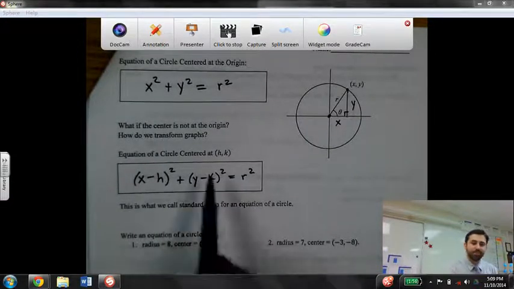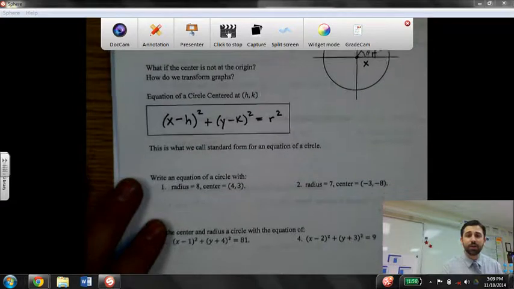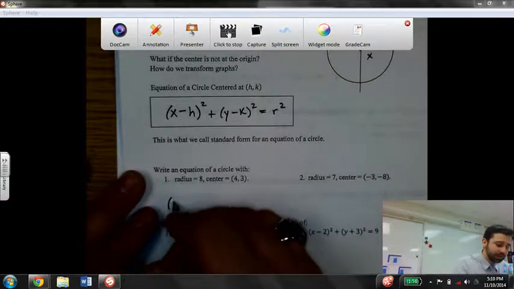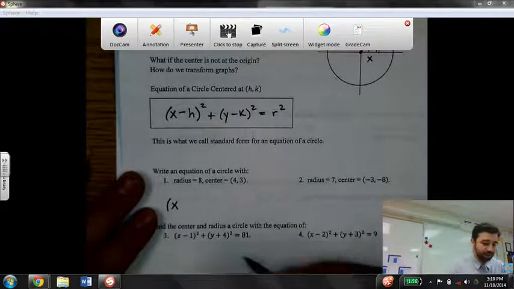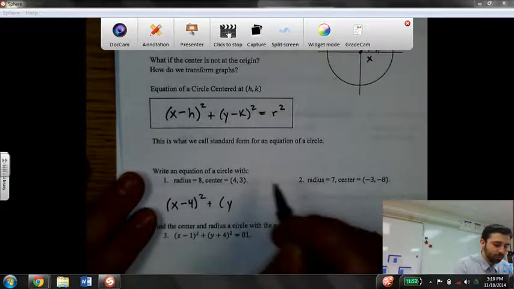So this is what we call the standard form of an equation for a circle. And so we can use that if given a center point that's not the origin and a radius. So looking at number 1, where it says write an equation of a circle with radius 8 and center (4, 3). So 4 goes with my x, so I'll be moving my circle to the right 4, so (x minus 4) squared, plus y.